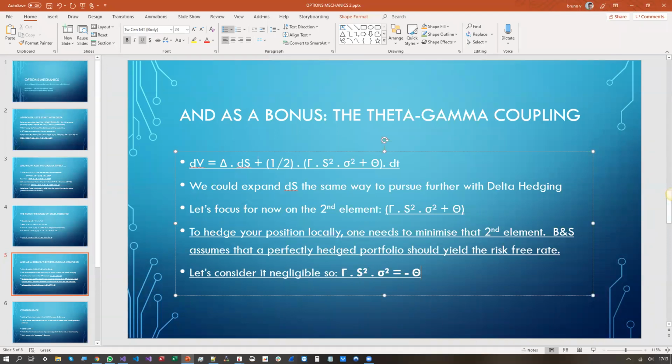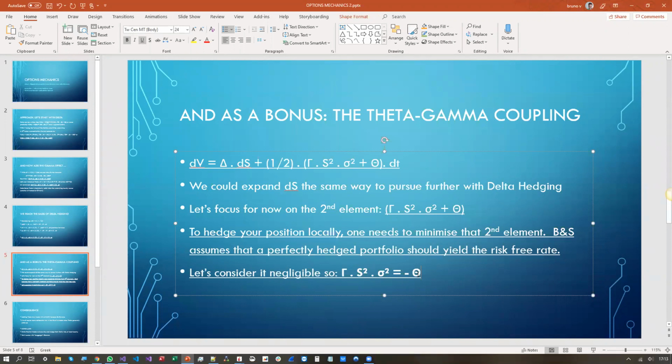But it's actually for those who want to hedge, and a lot of professional or institutional traders do hedge their positions daily or twice a week. Whether they have a portfolio they want to hedge or anything else, if you want to hedge, it's important to minimize the gamma effect.